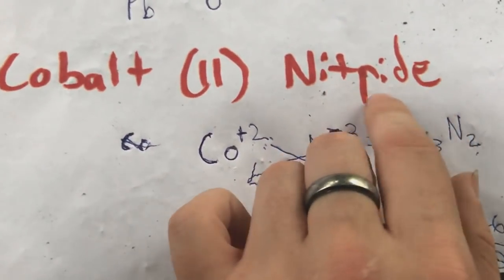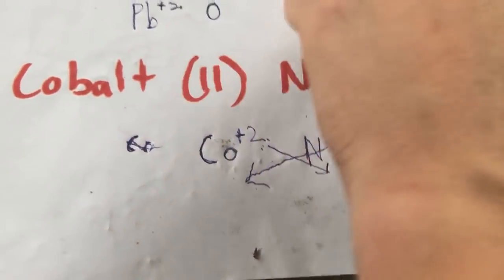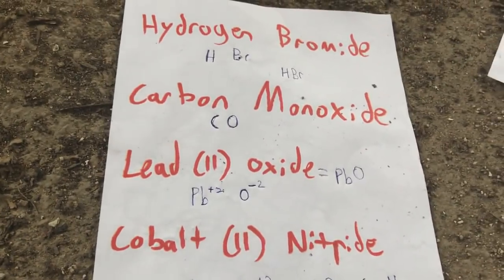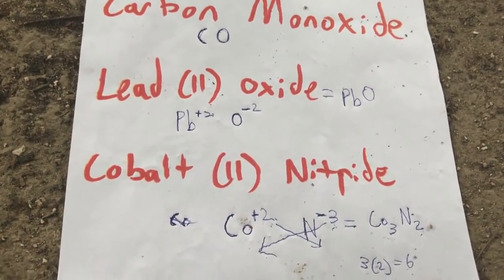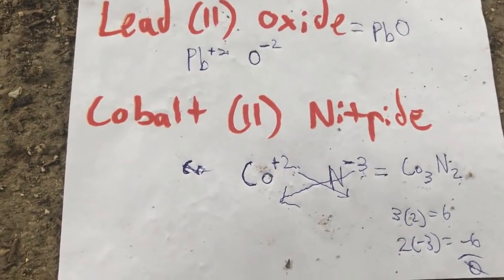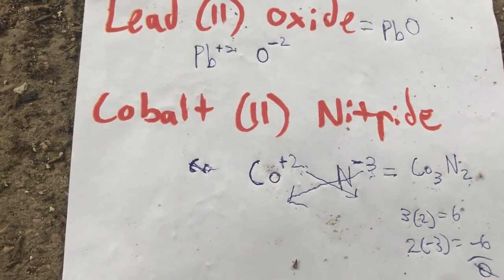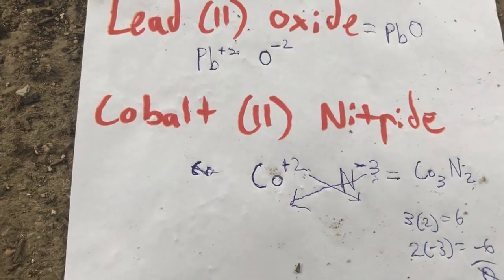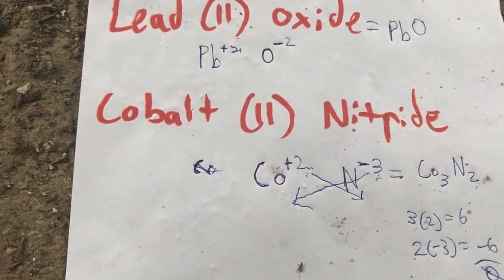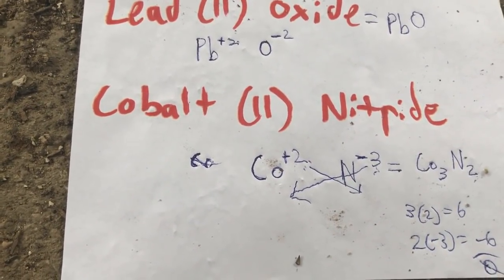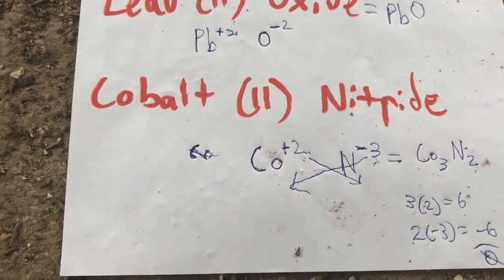If it just ends in ide, like all these other things do, then that just means they're talking about the basic singular element, oxygen, nitrogen, whatever it is. But if they specifically want you to say nitrate, nitrite, phosphate, sulfite, something like that, they're going to give you that exact combination of elements.